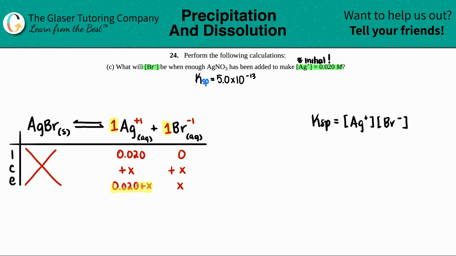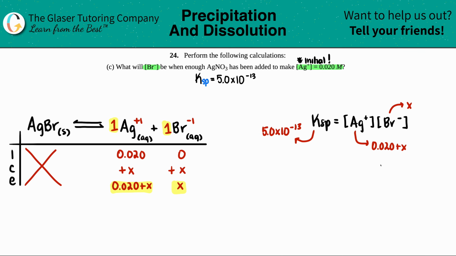These are your two values that go into the KSP formula that we found out from part A. So the KSP that we're going to plug in here is 5.0 times 10 to the negative 13th, because it's the same compound throughout all the numbers. Ag is the 0.020 plus x, and the bromine is the x. But now if we keep this plus x in here with your number, the math is going to get very hairy.